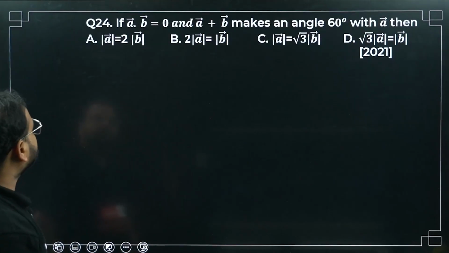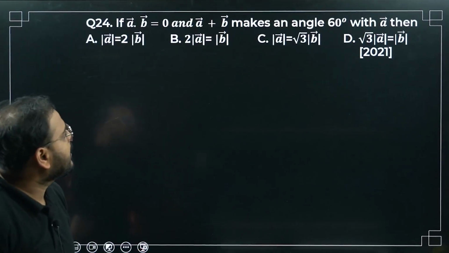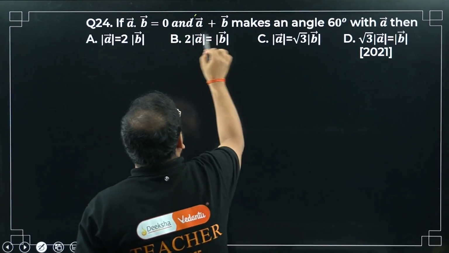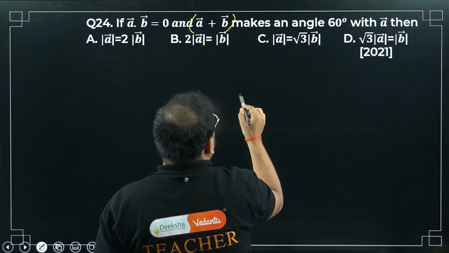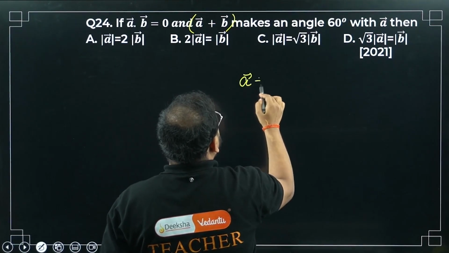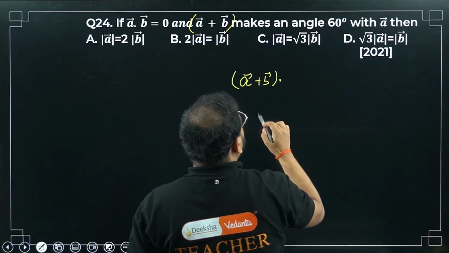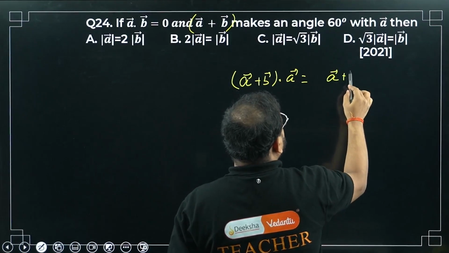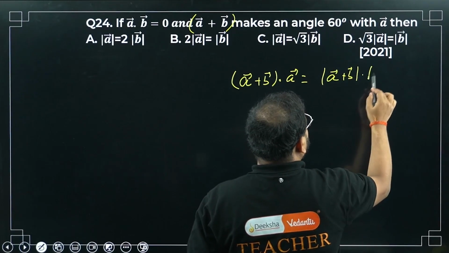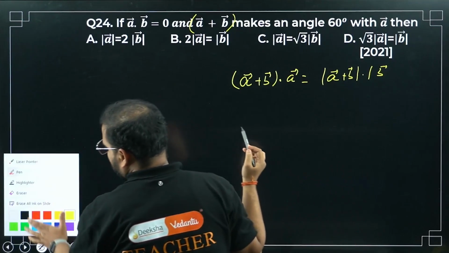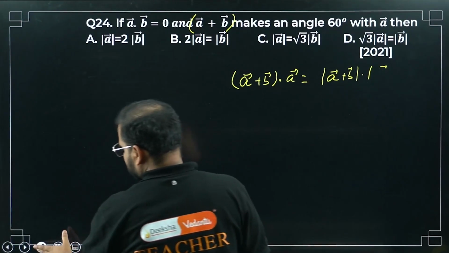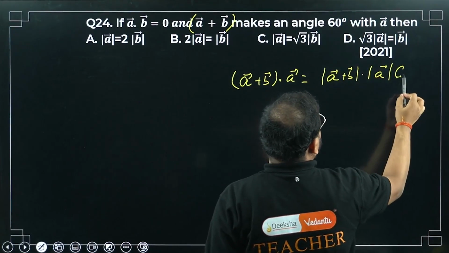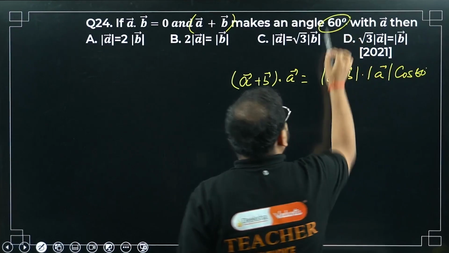Moving on to question number 24. A dot B equals 0. A plus B makes an angle of 60 degrees with A. Okay, A plus B makes an angle, right? It means I can write this as A plus B dot A is equal to the mod of A plus B times the mod of vector A times cos theta, so cos 60 degrees.